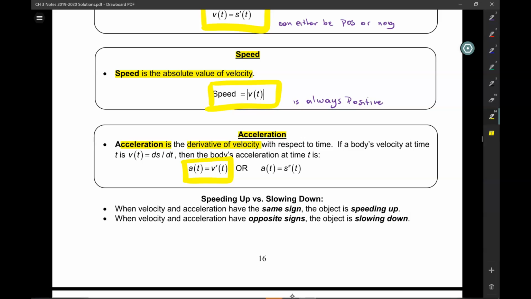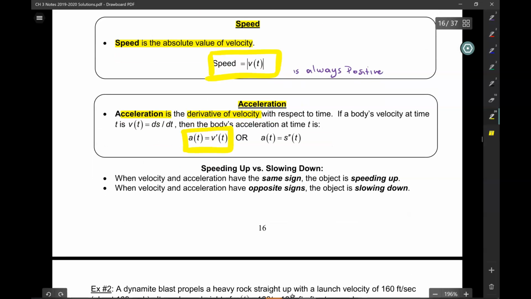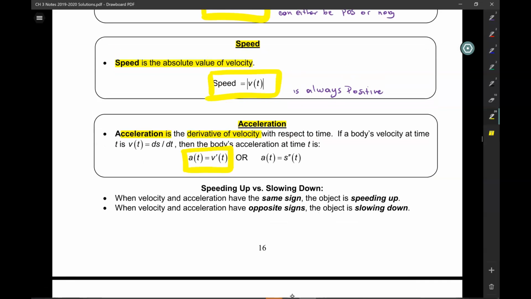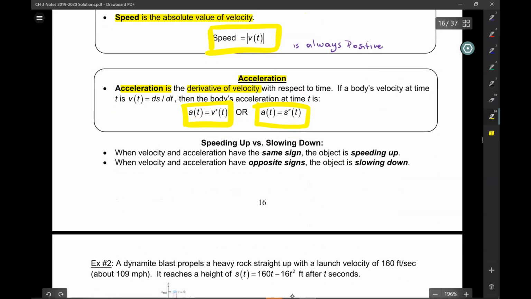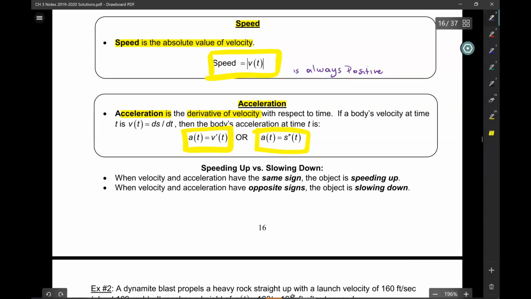So acceleration is also s double prime of t. So you have position. You take a derivative, you find velocity. You take a second derivative, you find acceleration. Now, acceleration is a vector quantity, can be positive or negative.